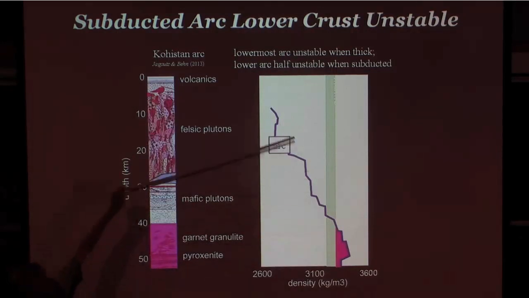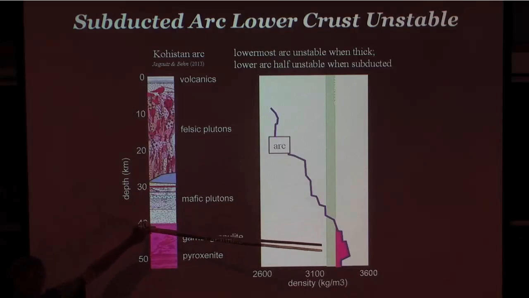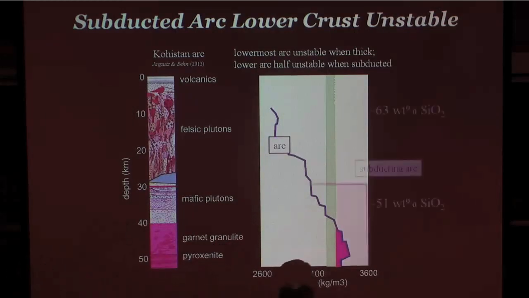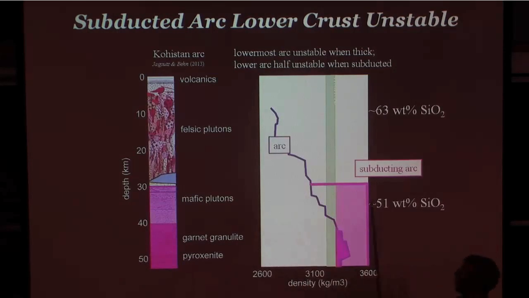But if this whole thing is subducted, goes to significantly higher pressure, then more of the arc becomes gravitationally unstable. This whole section here has higher density than the surrounding mantle, but this section doesn't. So we like to fantasize that this is a process of splitting off the upper part of an arc from the bottom part of an arc, and that the bottom part should go back into the mantle and the top part should not.